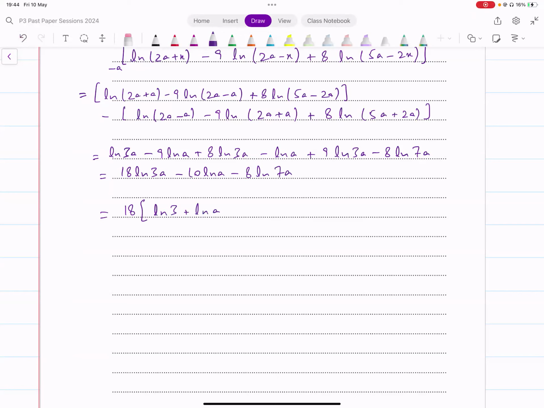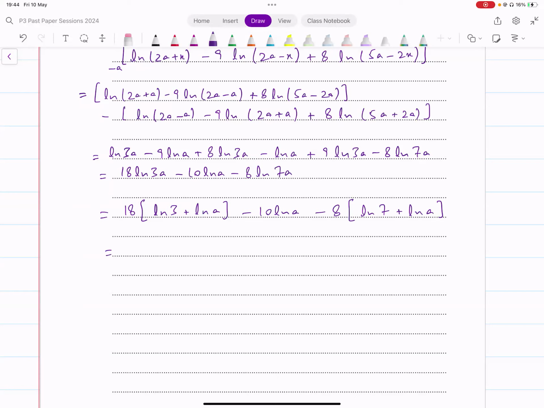I can do that, right? Multiplication law of logarithms. I've got multiplication inside log, addition outside log. And then I have minus 10 into ln of a here, minus 8. I could also write ln of 7a as ln of 7 plus ln of a. I could break it down into two parts like this.